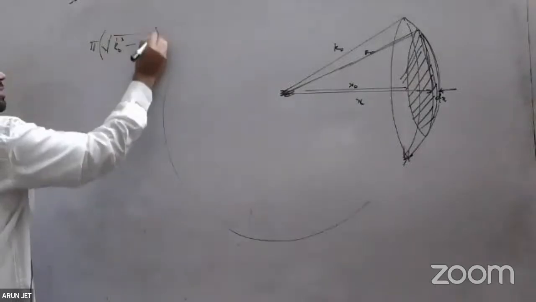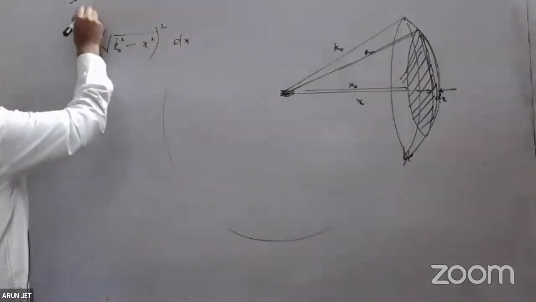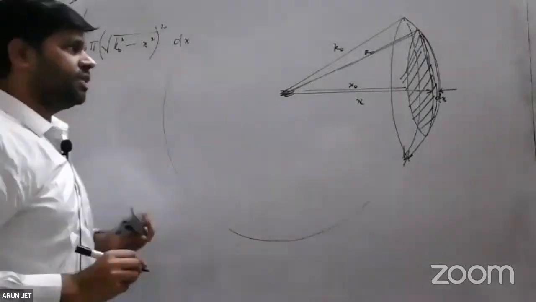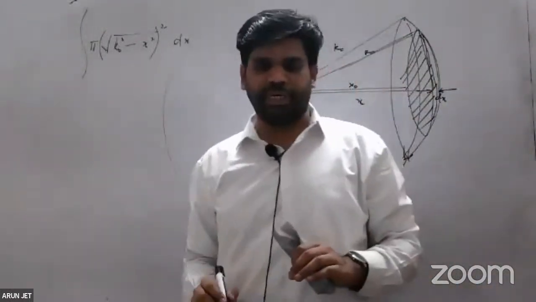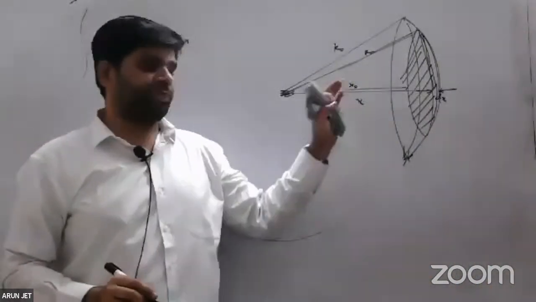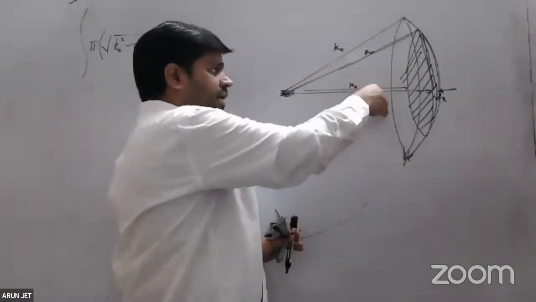So the area of that disk will be pi r square, and pi times the radius square into dx will give me the volume. I integrate this. Tell me the limits: from where to where do I have to integrate to get the complete volume of the plano convex lens? It starts from x naught and ends at r naught.